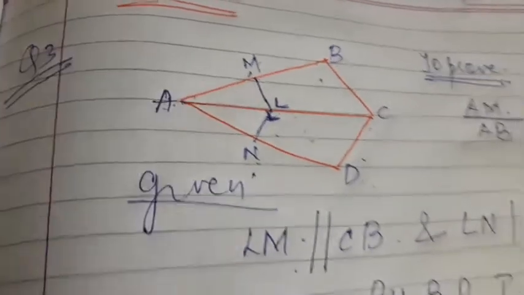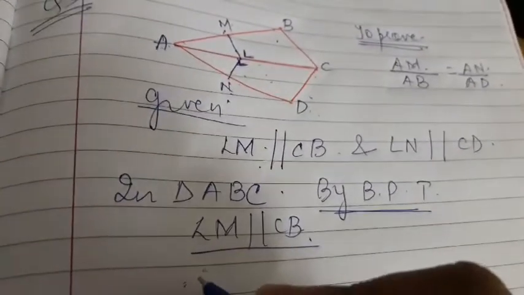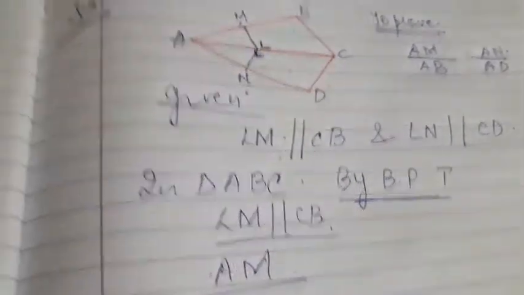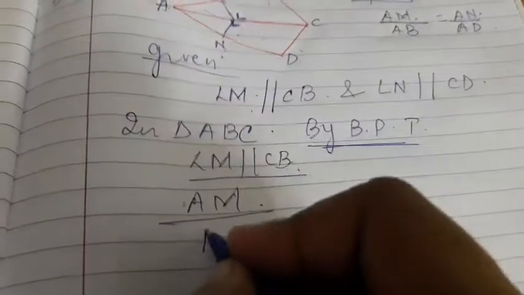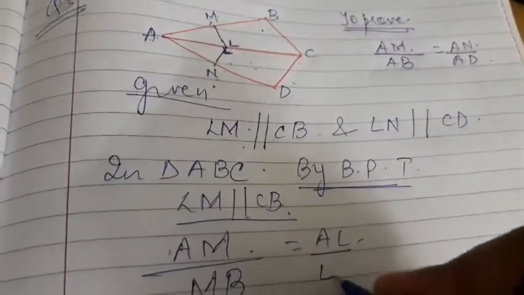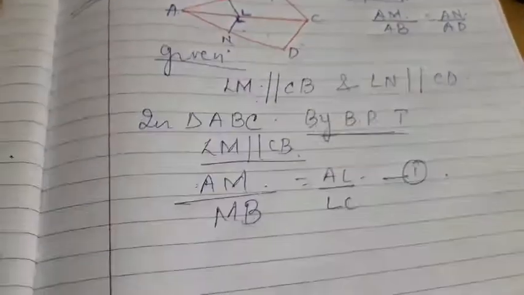So let's start. Let's go in the same order. AM upon MB is equal to AL upon LC, number 1, right?